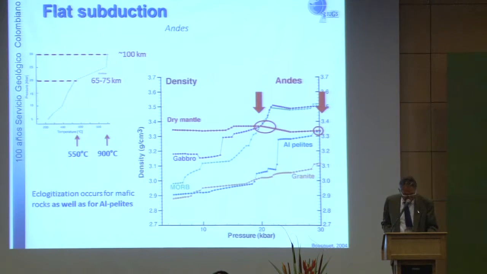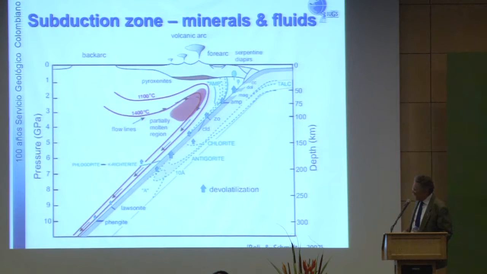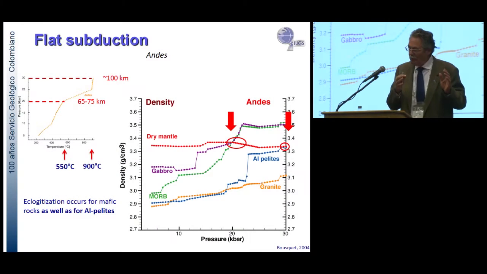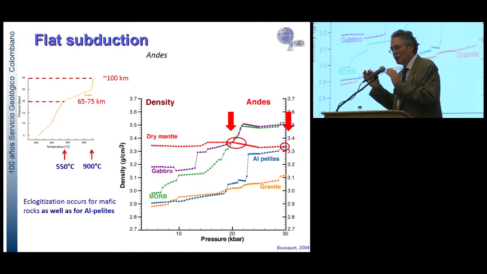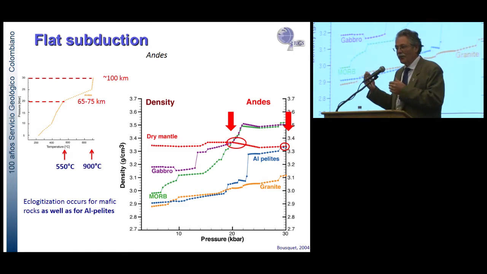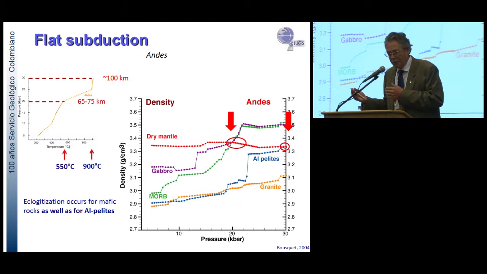So, in a nutshell, what I was trying to show is that on the one hand, we can calculate from the rock composition, using straightforward thermodynamic modeling, the changes in density and the reactions, and from there we can go to the seismic velocities.